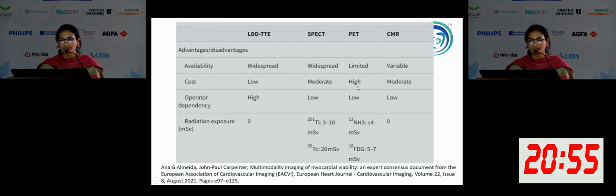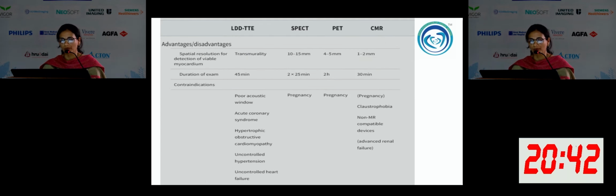What are the other advantages of MR? Obviously all the other things of availability, cost, and zero radiation. That is another main advantage, so we can keep repeating it. Only some of the problems that we do face is the claustrophobia, the non-compatible MRI implantable devices.